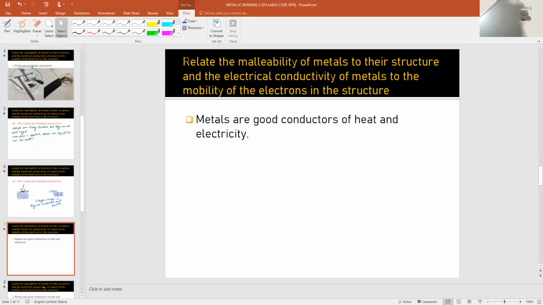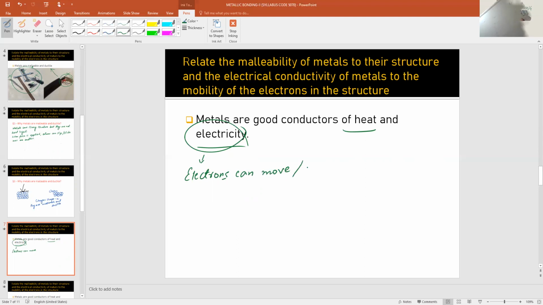Metals are good conductors of heat and electricity in solid and in an aqueous solution. Let's talk about conduction of electricity first. The reason behind this is that electrons can move.